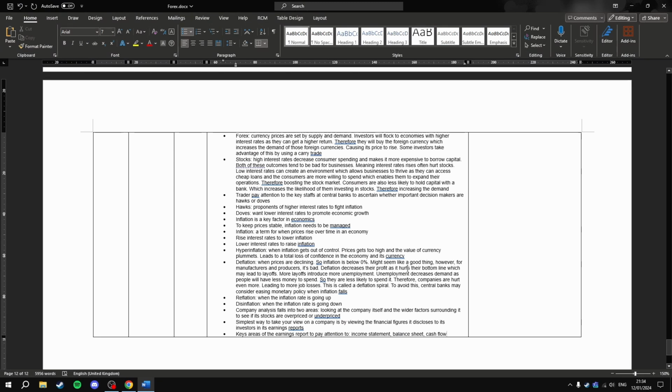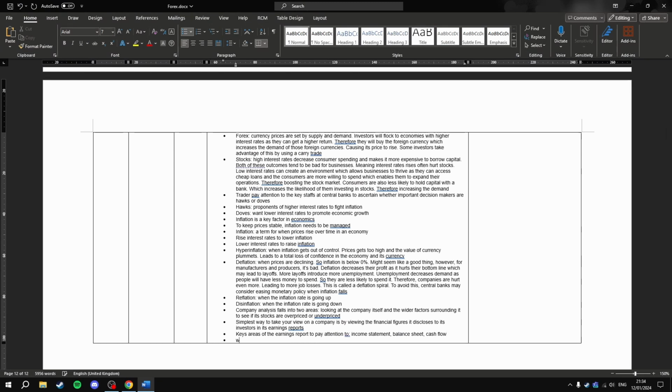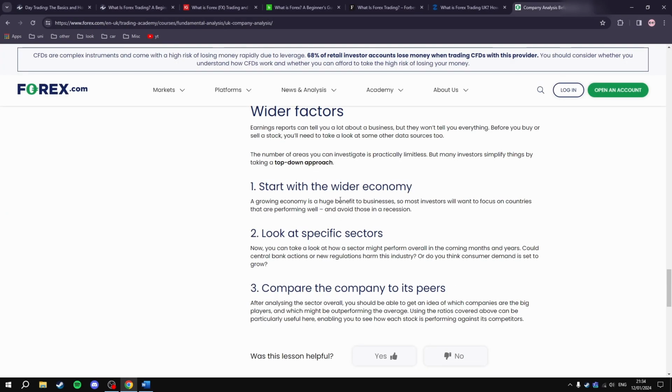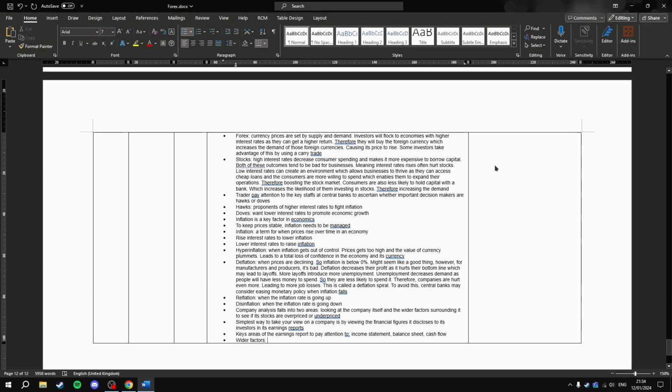Looking at the company itself, and the wider factors. Earnings tell a lot about a business, but they won't tell you everything. Before you buy, you need to look at some other data. Many investors simplify things by taking a top-down approach.